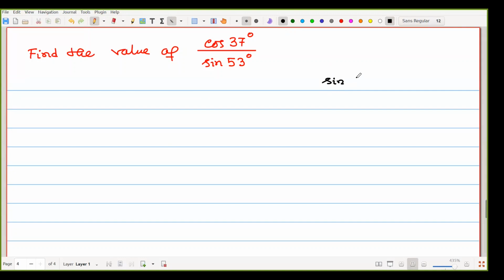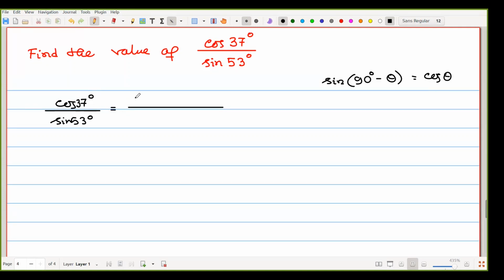But we can use the formula, sine of 90 degree minus theta is equal to cos theta. So here we are using the same: cos of 37 degree divided by sine 53 degree.